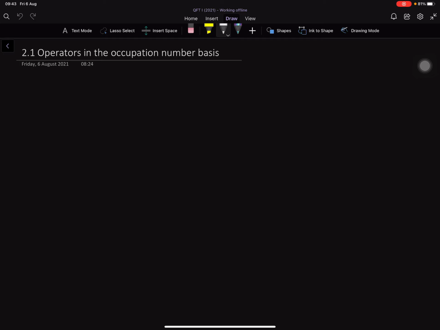So we start by reminding ourselves of the wave function in the occupation number basis.